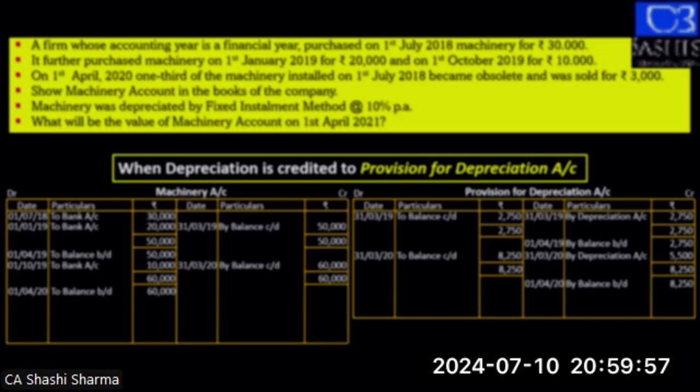You were not crediting the machinery account for depreciation at the year end. But when a particular machinery gets eventually sold, then it becomes necessary to bring the depreciation from that separate account to the machinery account.